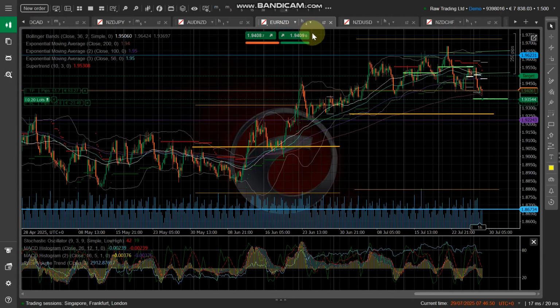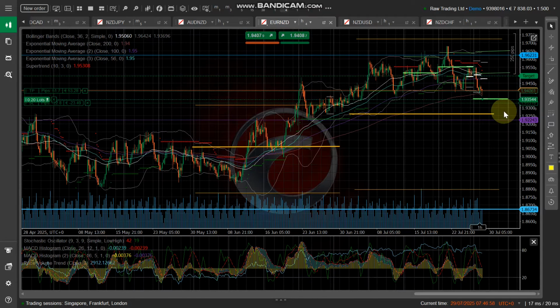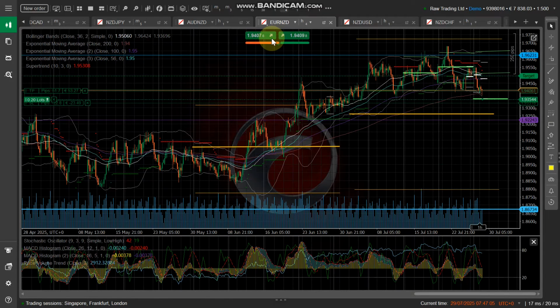It's a problem. I want to go quicker. Euro New Zealand is a green line or red line, or otherwise no business, but I can put the alarm, though I don't want many lines on this. I can't see.